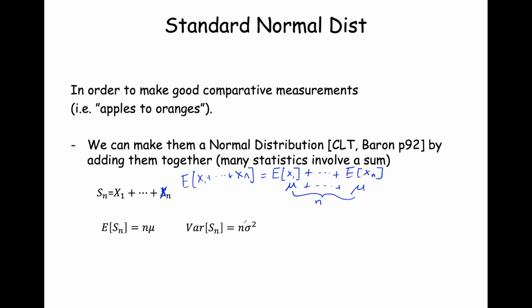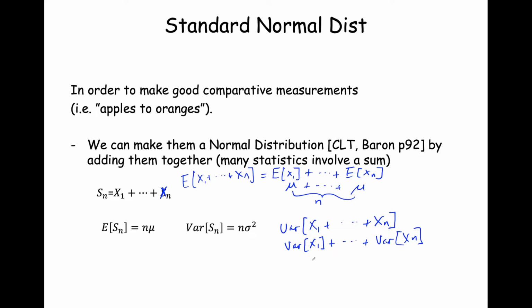Likewise, with the variance, it's something similar. The variance of S sub n is the same as the variance of X1 plus dot dot dot Xn. Now, variance exhibits the linearity property for independent samples. That's the same as the variance of the individual samples, variance of X1 plus dot dot dot variance of Xn.